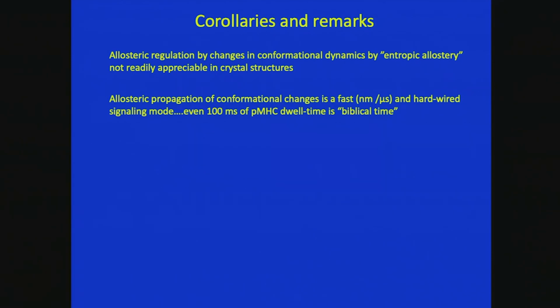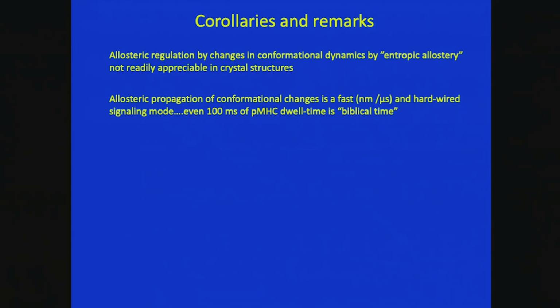The other interesting idea about allosteric regulation is that conformational change travels at a speed of 1 nanometer per microsecond. So in a few microseconds, upon binding, you get an effect.